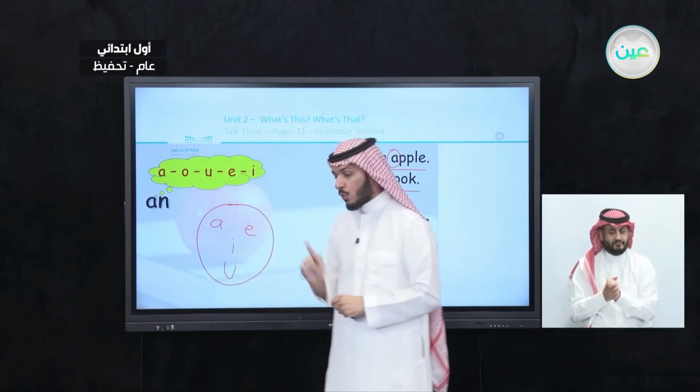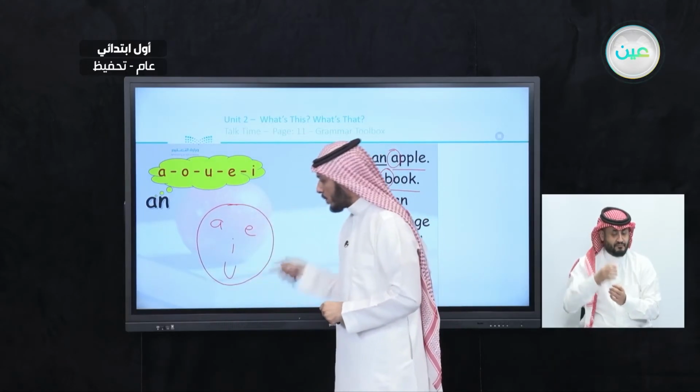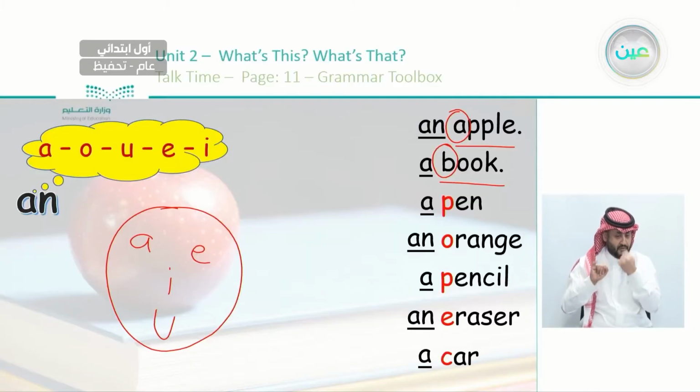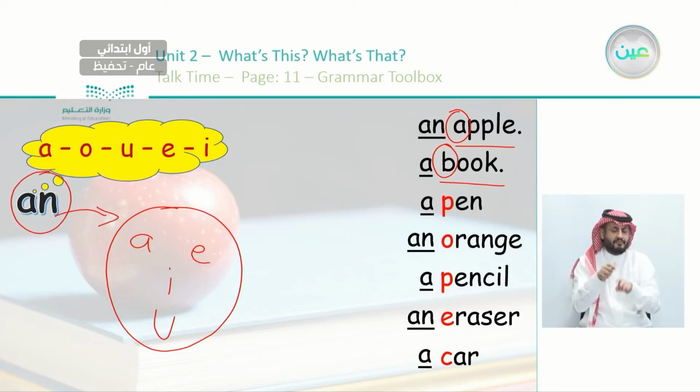The vowels, we have 5 letters: O, U, I, E, A. So if you have these 5 letters, you will use an. So we have O, E, A, U, and I.